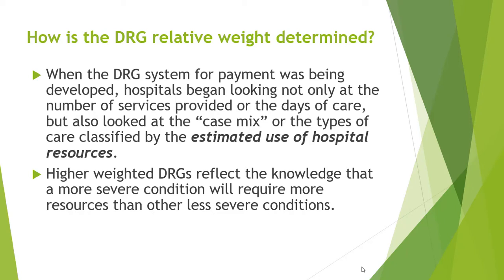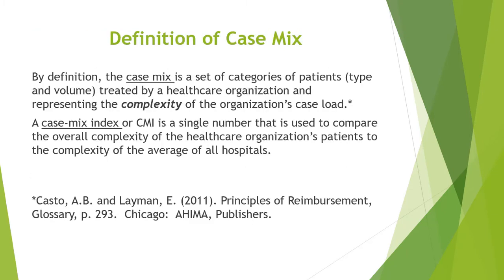So the DRG system looks at the estimated use of hospital resources when they determine the relative weight. Higher weighted DRGs reflect the knowledge that a more severe condition is going to require more resources than a less severe condition. When you hear the term case mix, just think about complexity.